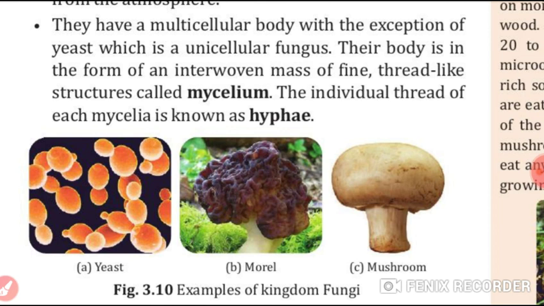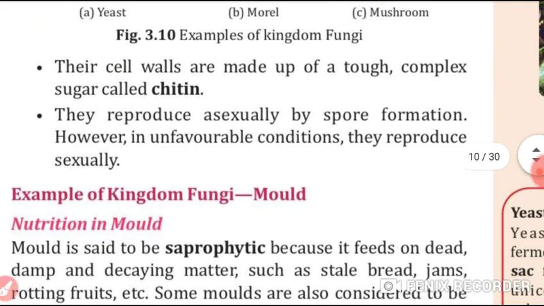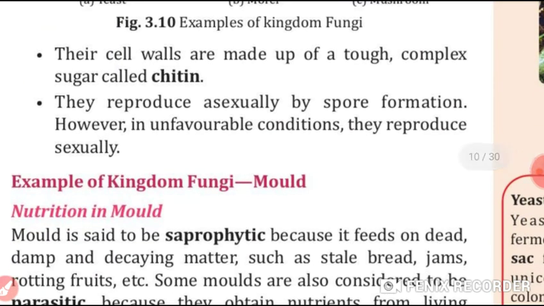Okay, underline this. Their body is in the form of an interwoven mass of fine thread-like structures that is called mycelium. The individual thread of each mycelium is known as a hypha. Okay, students. And their cell wall is made up of chitin. They reproduce asexually by spore formation.